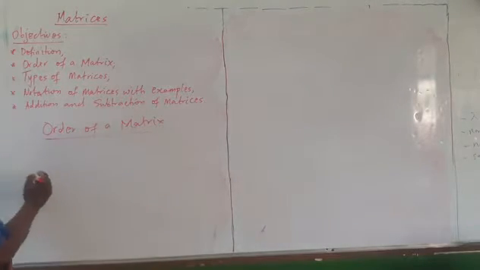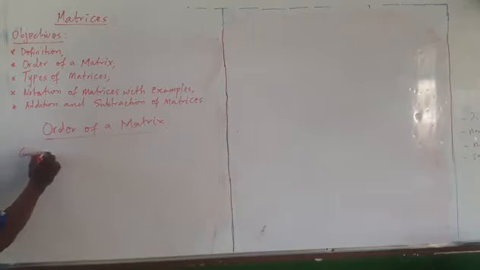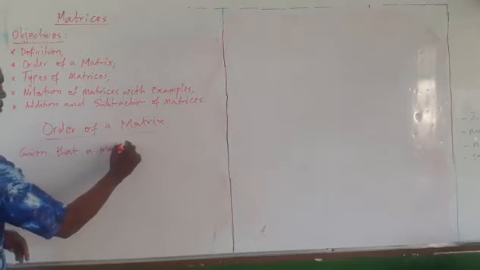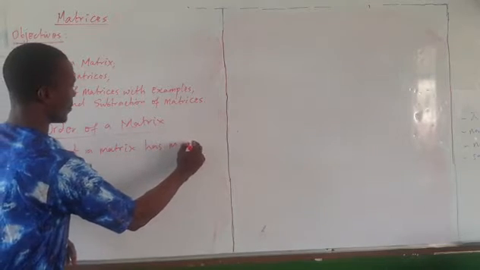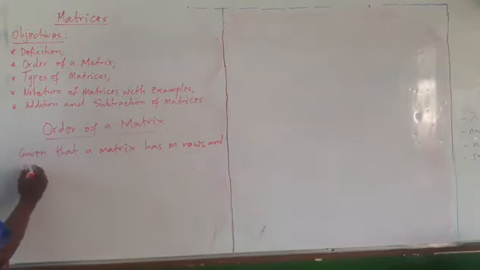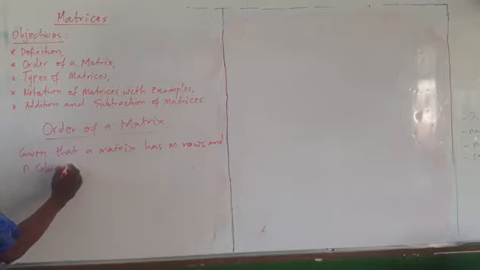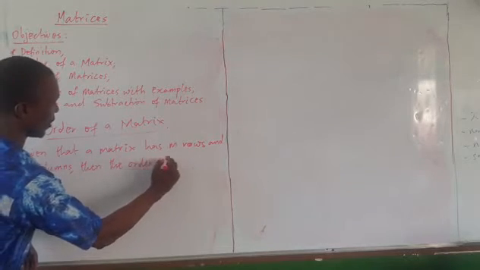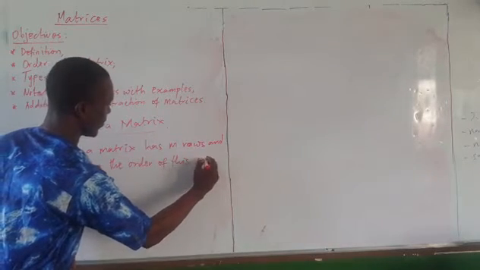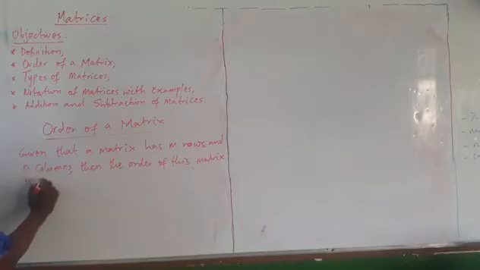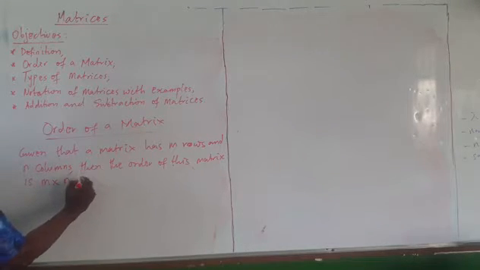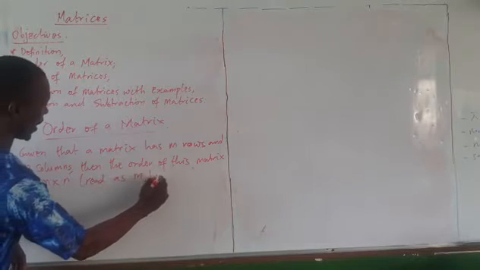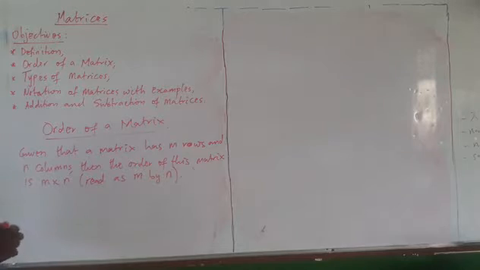The order of a matrix is given as follows: if a matrix has m rows and n columns, then the order of this matrix is m times n, read as m by n.